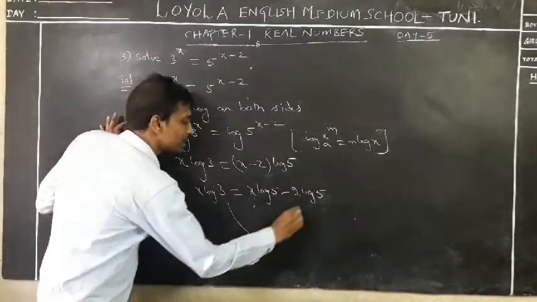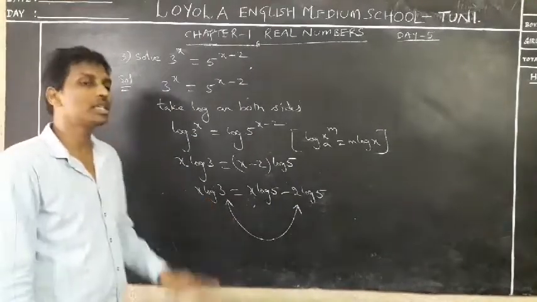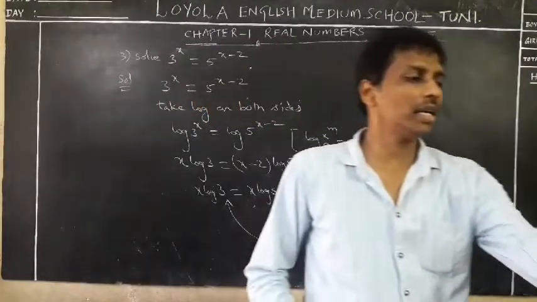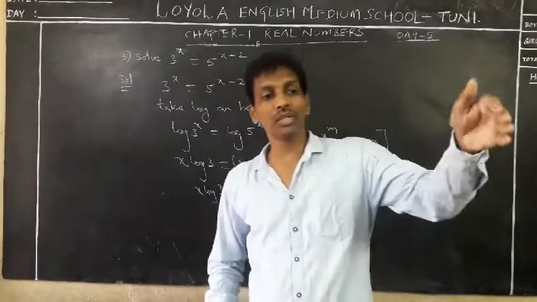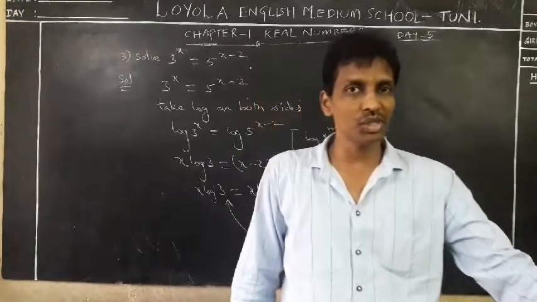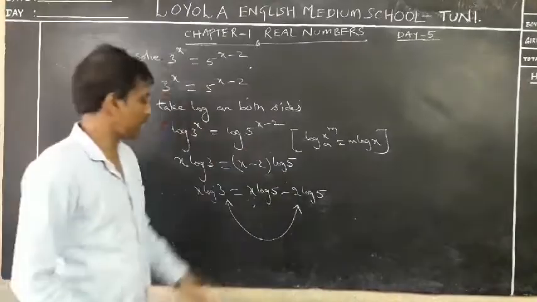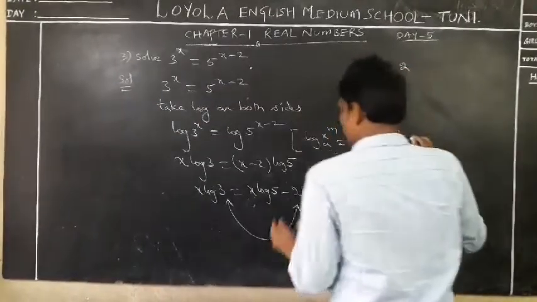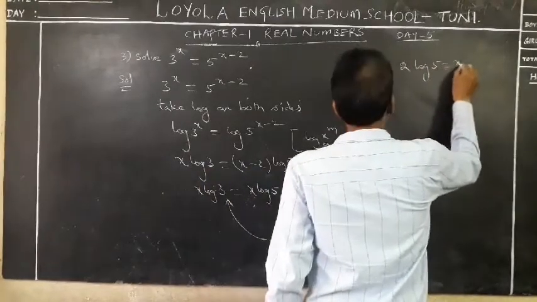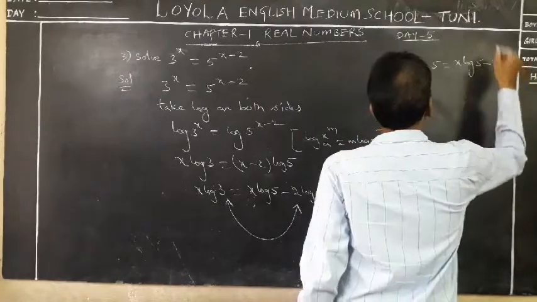Simply I want to interchange these two terms. Interchange means, I may ask someone, both of you can exchange your places, the person who sits on the second bench comes to the first bench and the person who sits on the first bench goes to the second bench. So now the next step changes as: 2 log 5 comes to the LHS. 2 log 5 is equal to x log 5 minus x log 3.